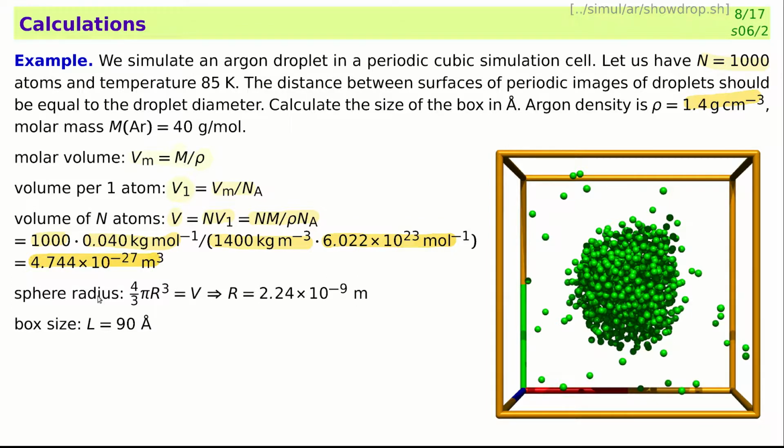So let's calculate the sphere radius, that is half of the diameter, and we calculate it from this formula. This is a solution of a simple equation, and the result is here in meters. We can convert this into angstrom if you wish. It is, let us say, 2.20. Like this.